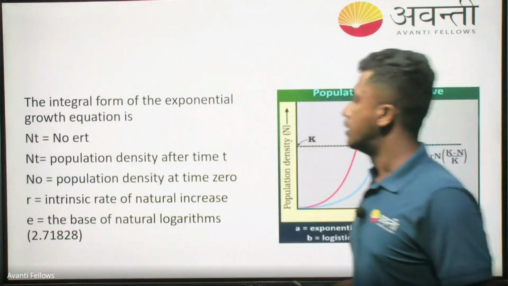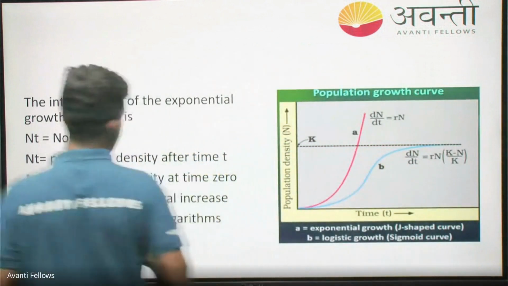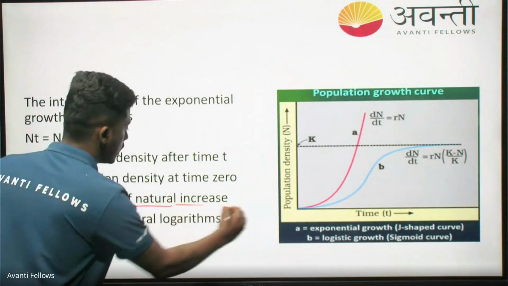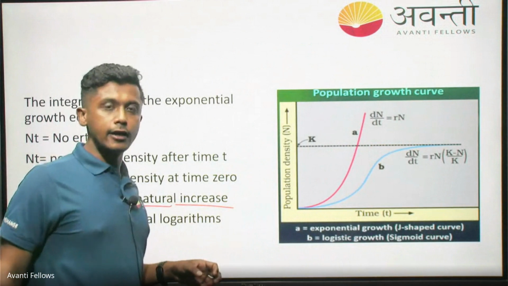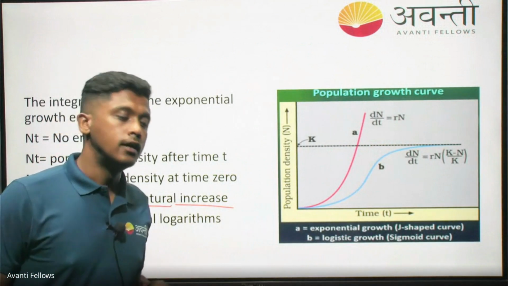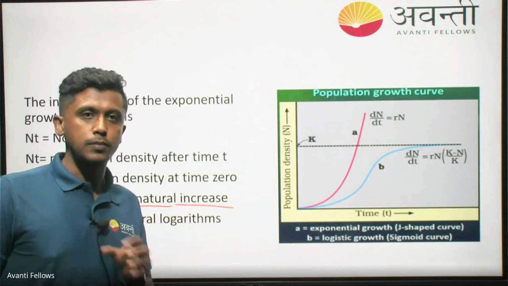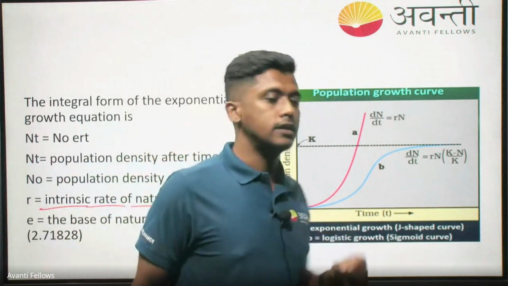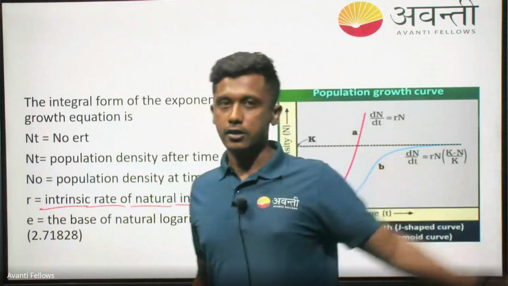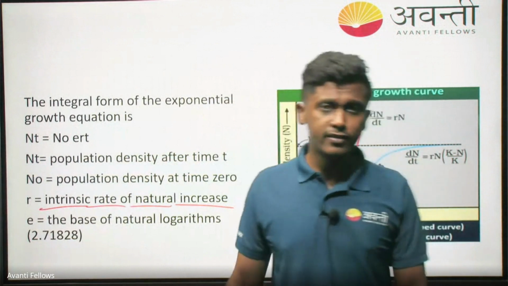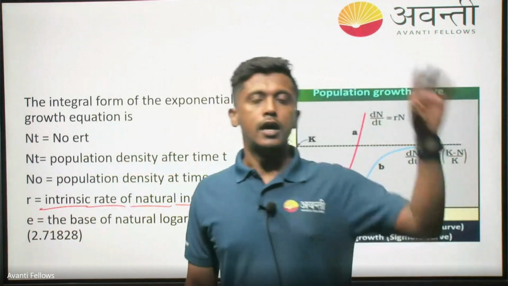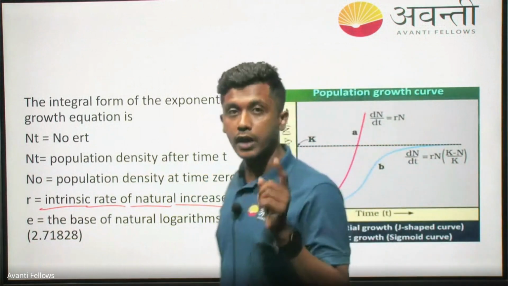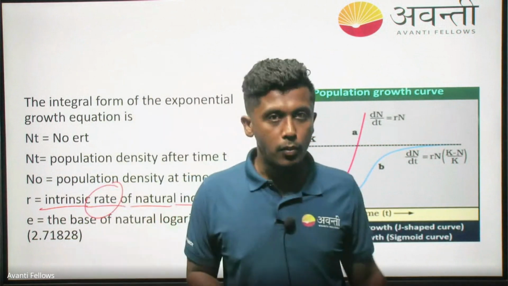Now the r, which I told you is a very important factor, is called the intrinsic rate of natural increase. The intrinsic rate of natural increase shows us how our population has increased or decreased with respect to a given time. For example, we can plot this r value against different parameters. For example, what is the population this year at this temperature, and next year at this temperature. We took temperature and understood how the r value changes for a particular population.